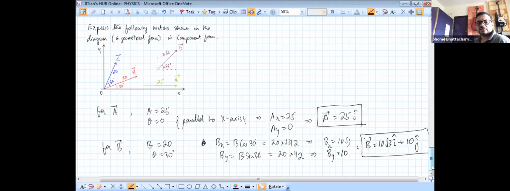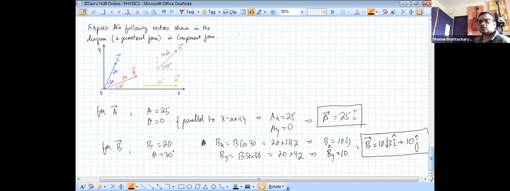For the C part, your answer is correct. Yes, Adinath, now it is correct. D is now correct. Yes, Dhaneshwar, the magnitude of D itself is 10 root 2 units. It's 10 into root 2.